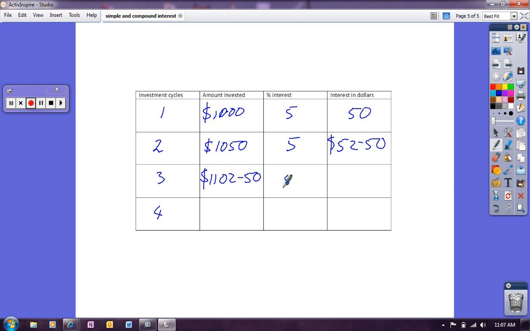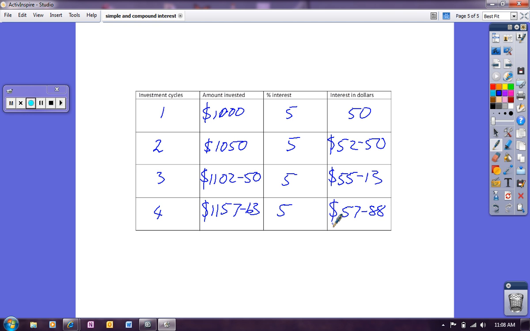Again, invested at 5% gives me interest of $55.13, which then gets added back into my investment, which gives, for the fourth year, a total investment of $1,157.63. Again, invested at 5%, which gives me an interest at the end of the fourth year of $57.88.